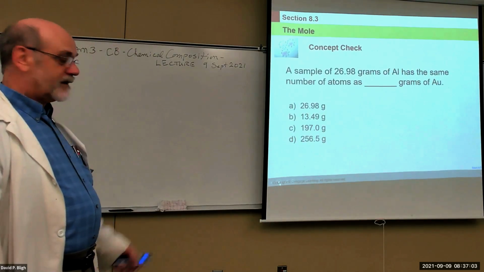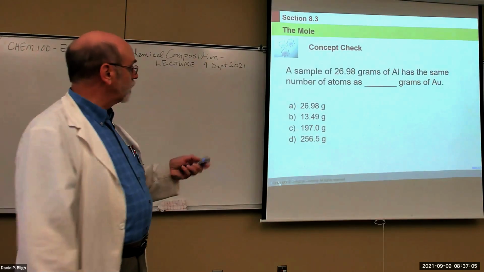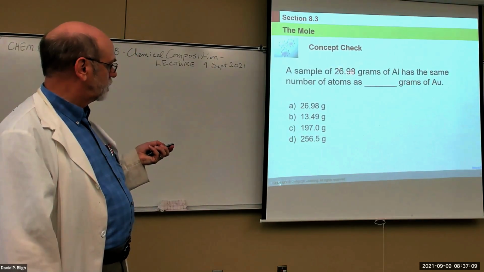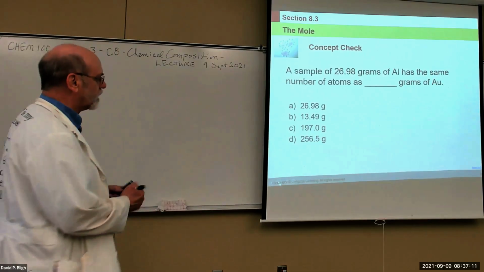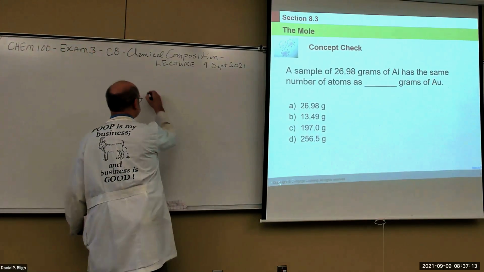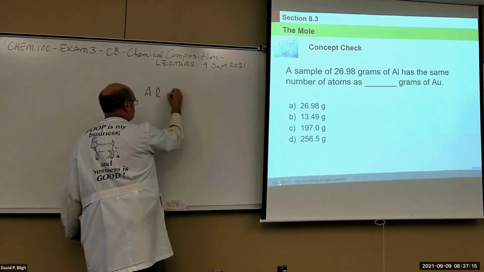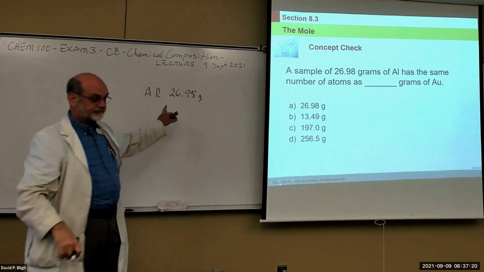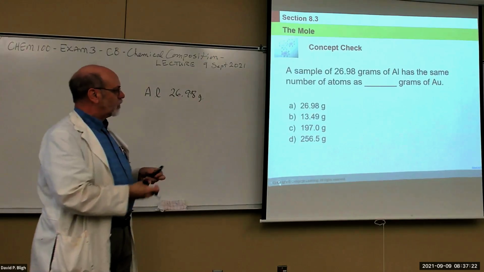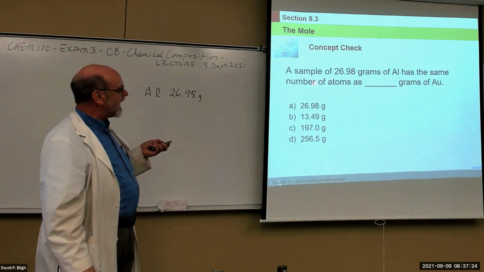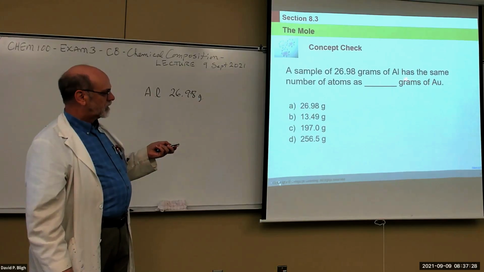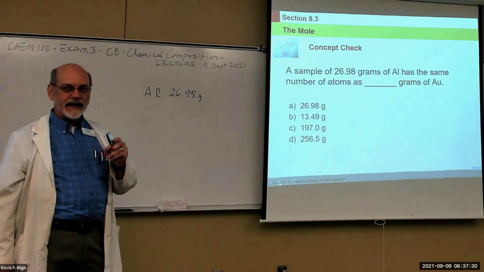All right. Now, suppose we have a sample of 26.98 grams of aluminum, and we want the mass of gold that has exactly the same number of atoms as that sample.